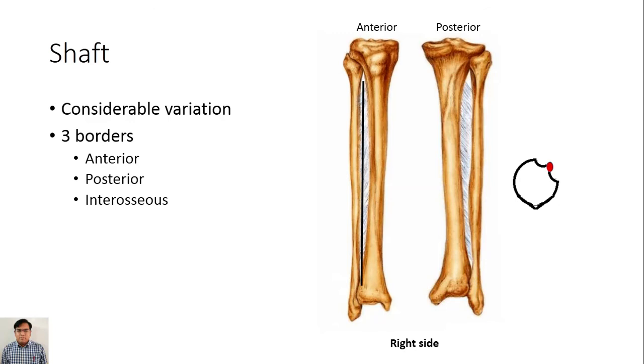And this is the interosseous border, which gives attachment to the interosseous membrane. Here on the cut section, this red dot is the interosseous border, also called the medial border.